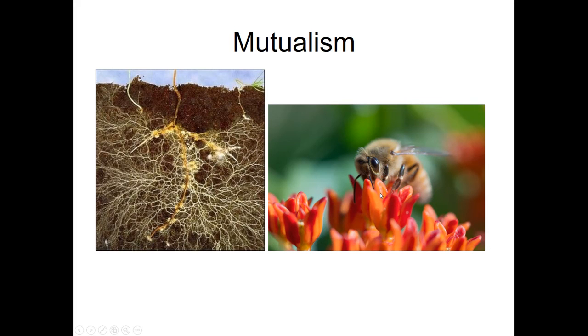For example, the plant might evolve to place its sexual structures in such a way that it's most likely to make contact with the pollinator's body. The pollinator in turn is going to evolve to be able to more efficiently extract resources. For example, maybe develop a longer tongue so it can more efficiently get nectar from the bottom of a flower.